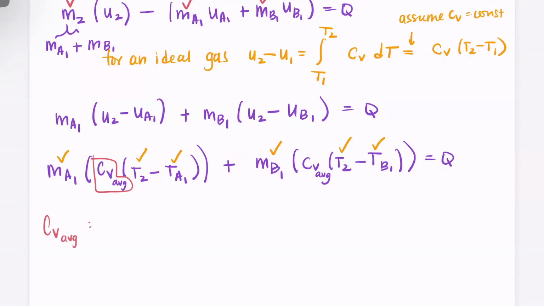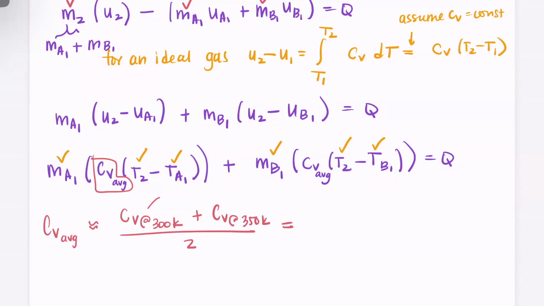So this first CV average is going to be approximately equal to CV at 300 K plus CV at 350 K divided by 2.